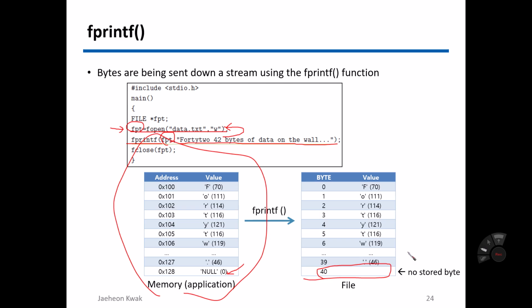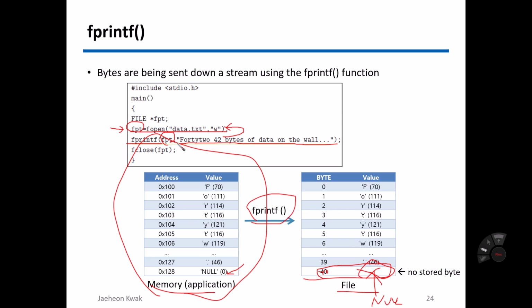But in the file system, in the disk storage, you don't have to put the null character at the end of the string. So after using fprintf, the last byte will not store anything. So it is empty.